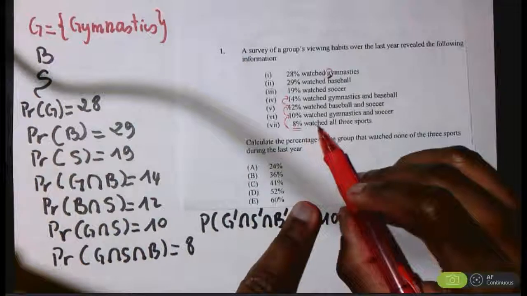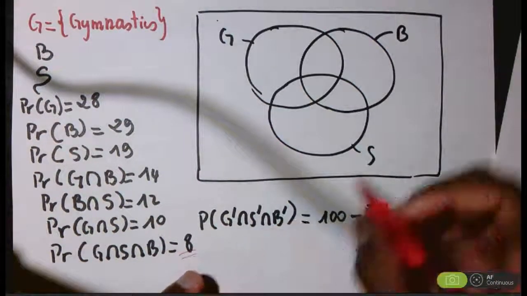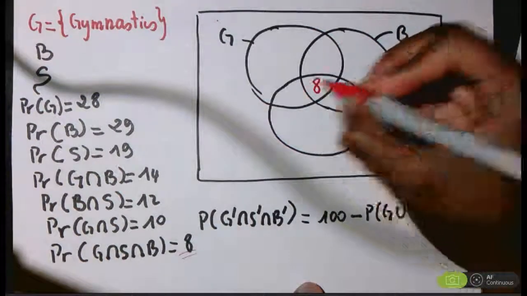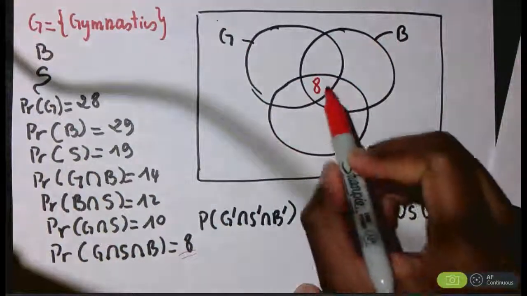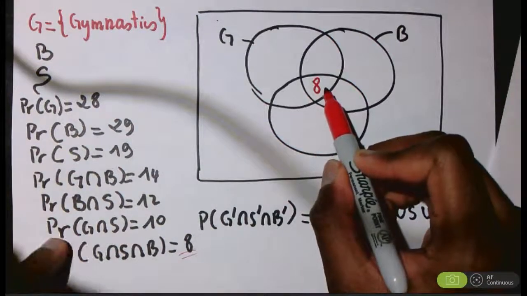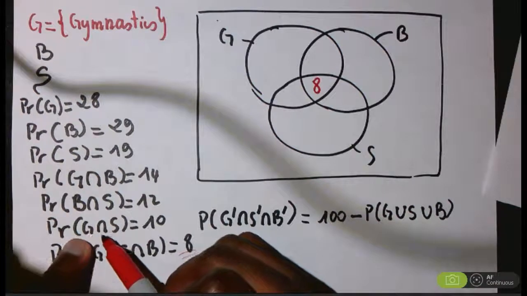So 8% watch all three sports, and I wrote 8 here, in the small area where G, B, and S intersect. Then the probability of G and S is 10%.